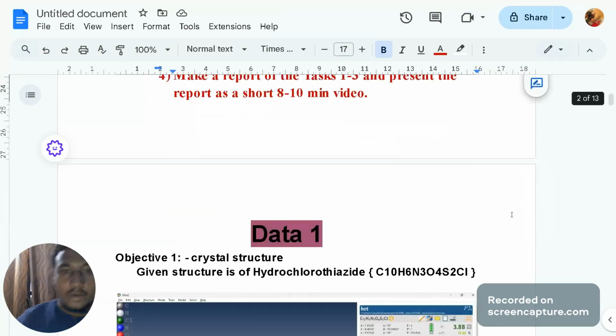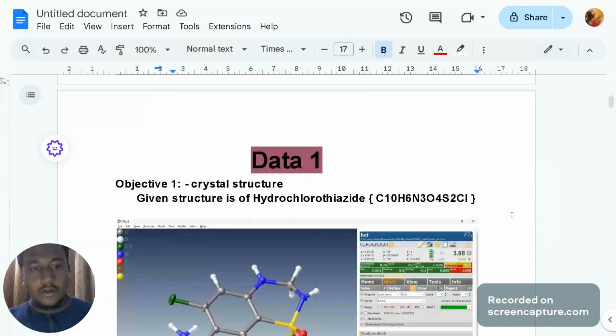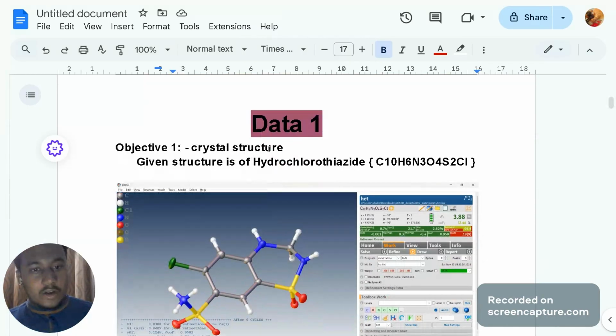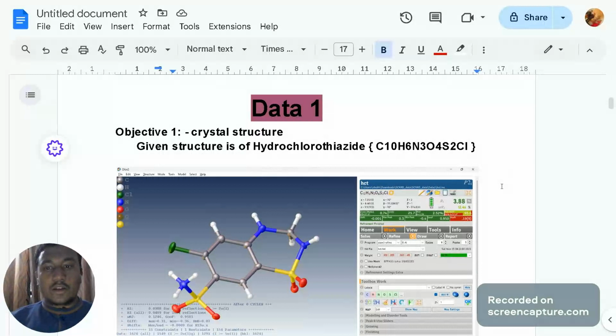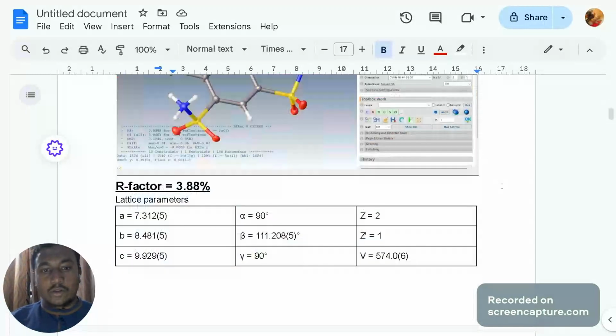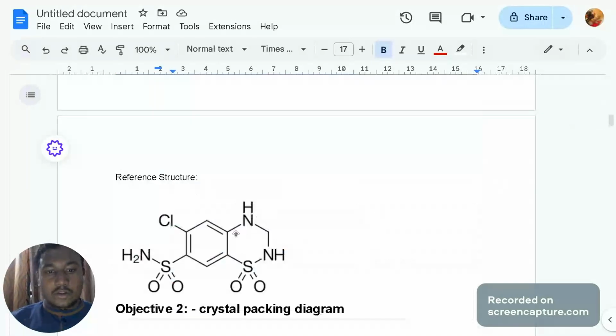So let's begin with the data 1 sheet, the .hkl file and .ins file of data 1. Objective one, the crystal structure. The given structure is of hydrochlorothiazide, C10H6N3O4S2Cl, and this is the actual structure.